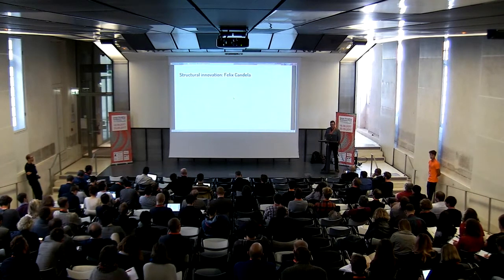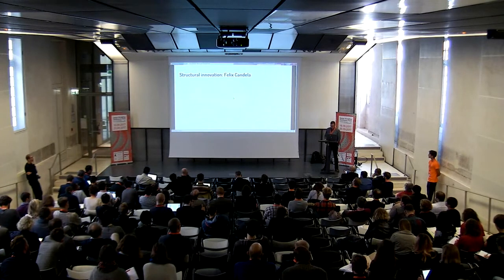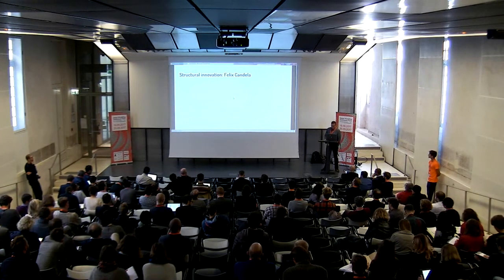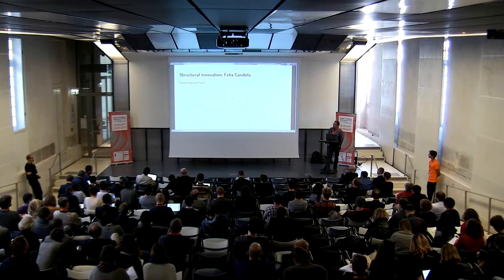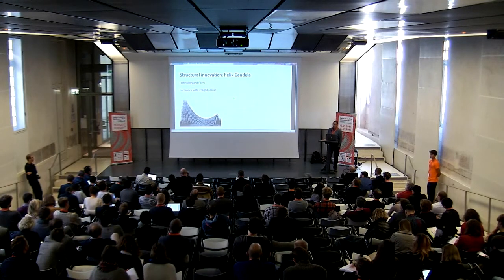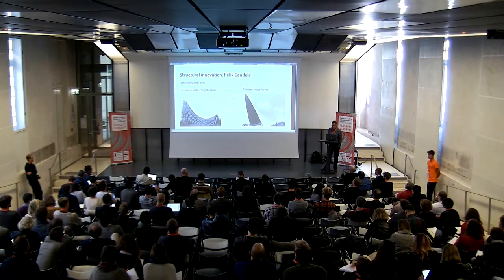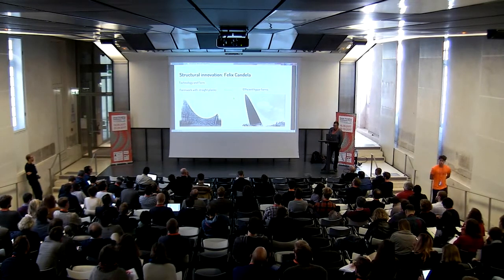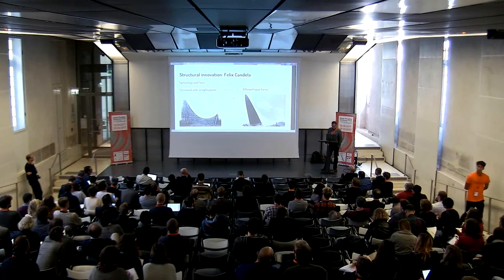For instance, Félix Candela, who was a great high-power builder, managed to mix technology and form in a very interesting manner. He built his formworks mainly with straight planks, and as a result, he did a wonderful structural innovation, getting very efficient high-power structures.